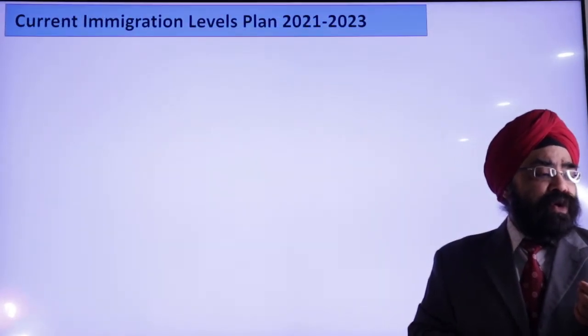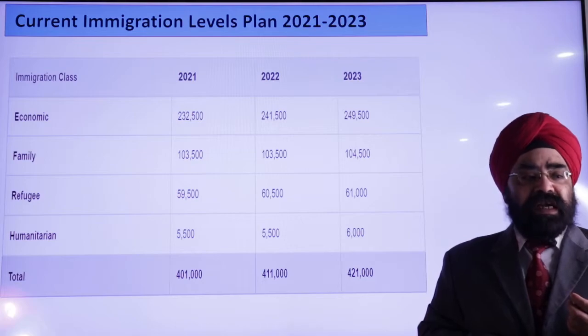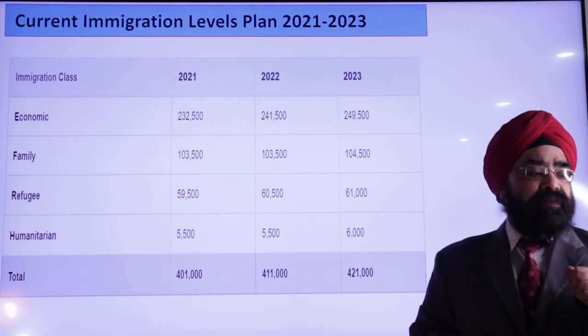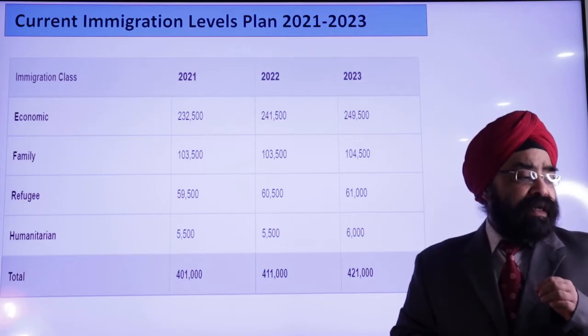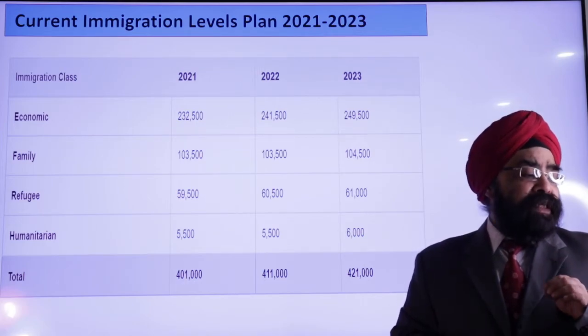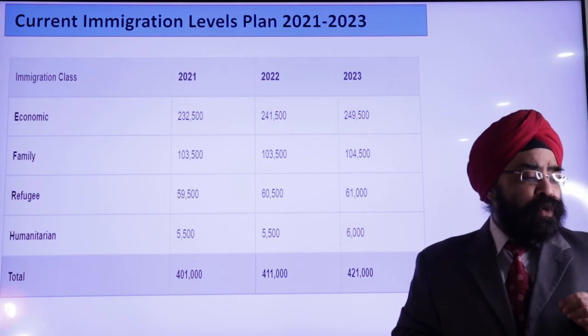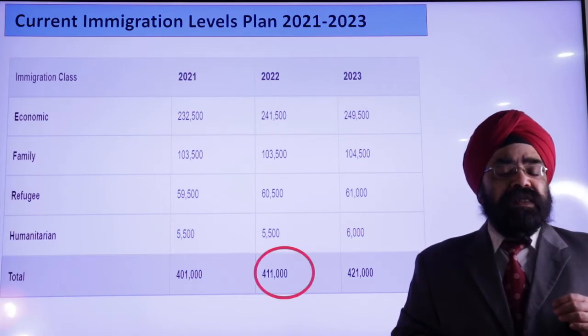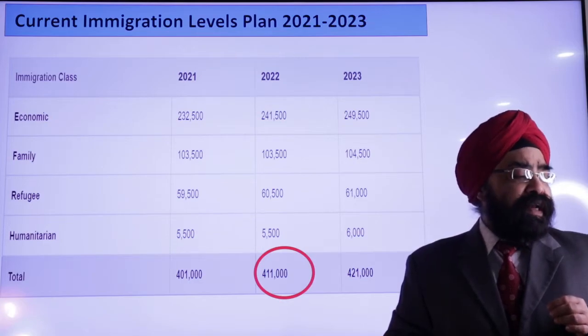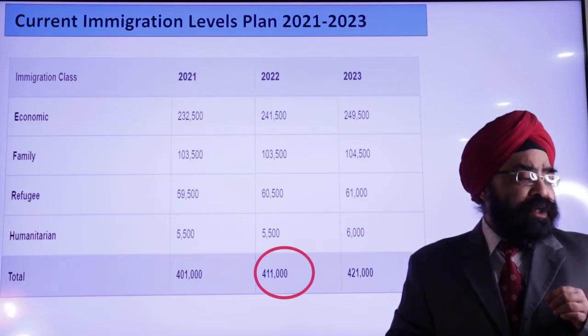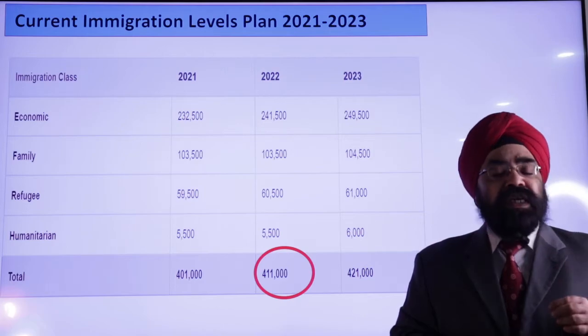So for now, I just want to show you that these are the 4 categories, and this was the current immigration plan. 400,000 plus was the plan in 2022, right here. So 411,000 was the plan for 2022, but this has changed.